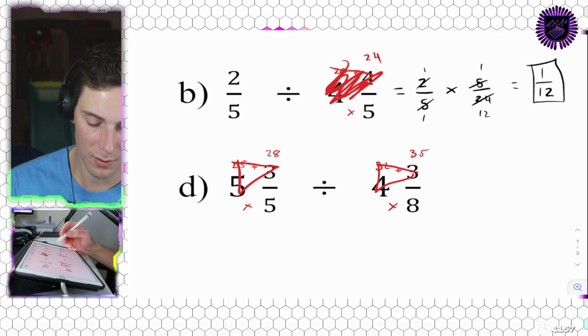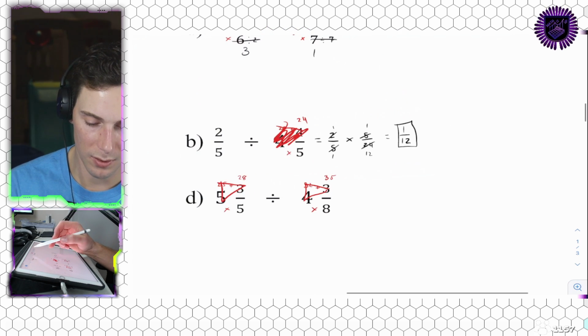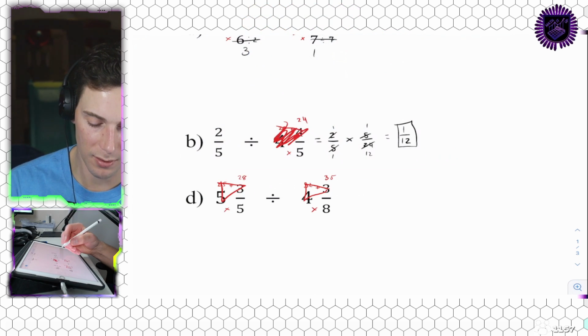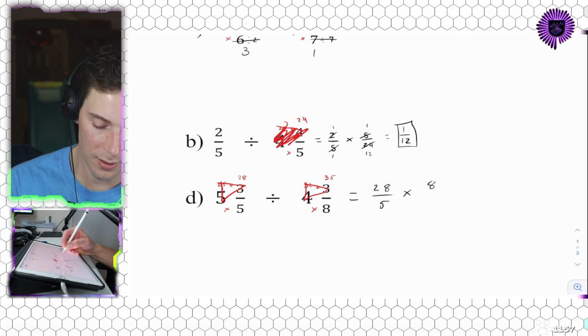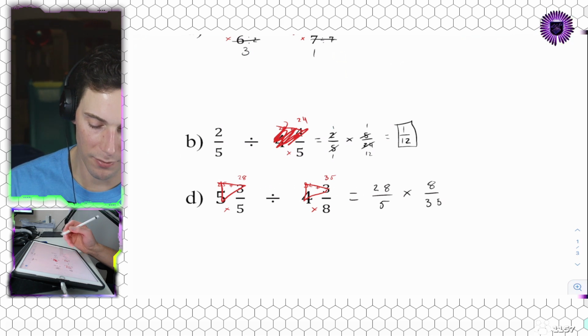Don't need those. They're all crossed out. Let's rewrite our fraction statement. So this will be equal to 28 over 5 times 8 over 35.